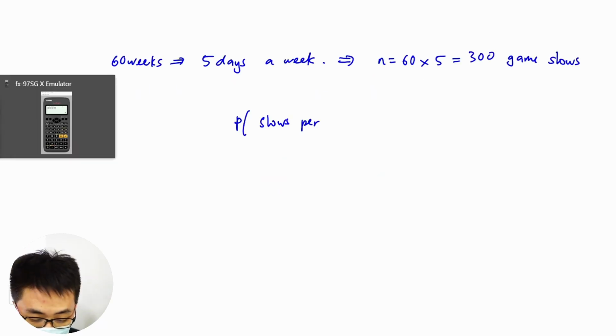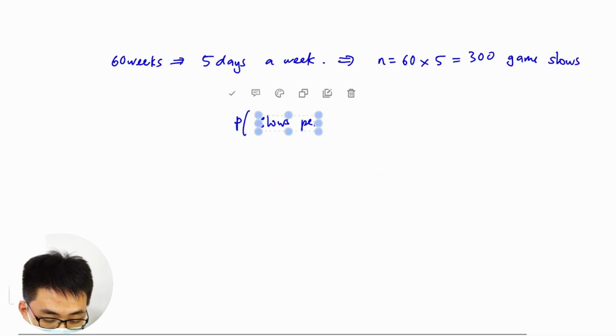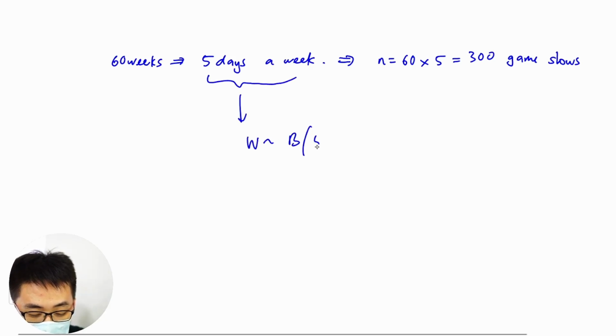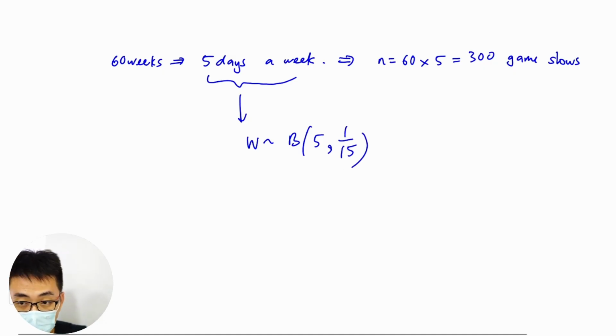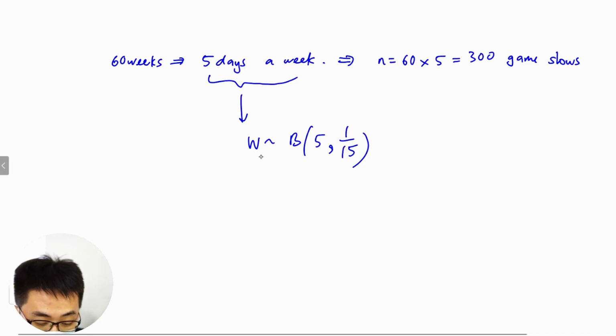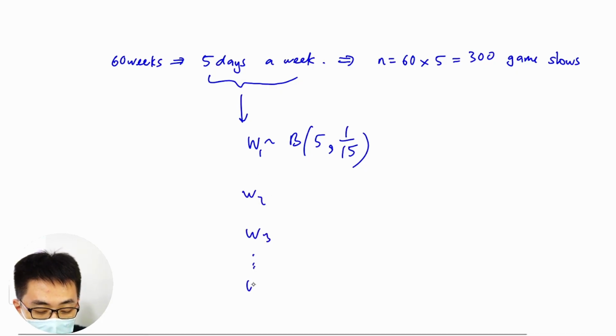So sorry, I don't need this one because now every one week, right? This is 1 week. Let's say this is a binomial distribution of 5. Every one is 1 over 15, right? Get it? This is every week, 1 week. So you have 1 week, 2 weeks, 3 weeks, all the way to 60 weeks.